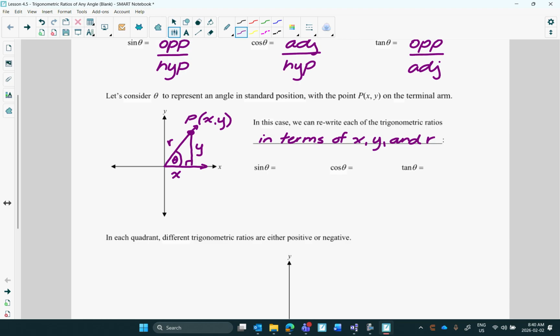So for example, using this right triangle in quadrant 1 with x, y, and r, the sine would be the opposite angle theta over the hypotenuse, so it would be y over r, according to the letters we've used. What would cosine be? X over r. And tan? Y over x.